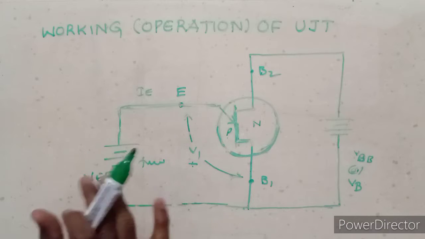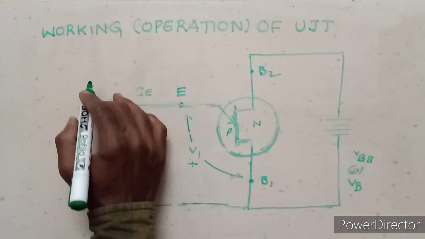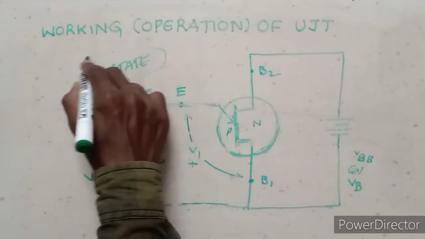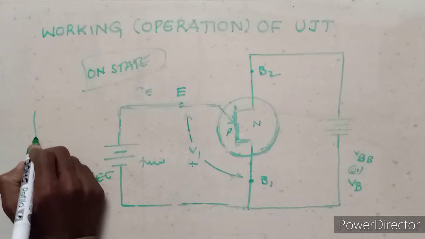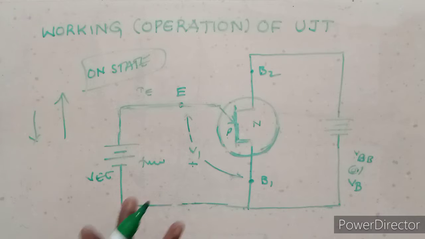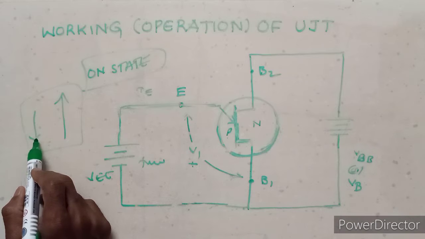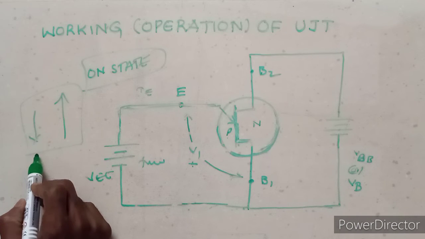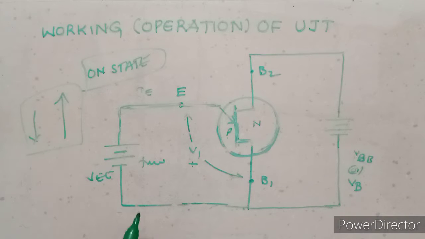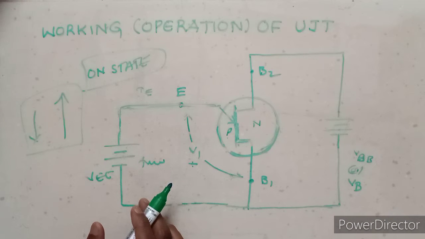So then the device is known to be in the on state. What is the state? Resistance decreases, current increases. This state is called the on state of the device.